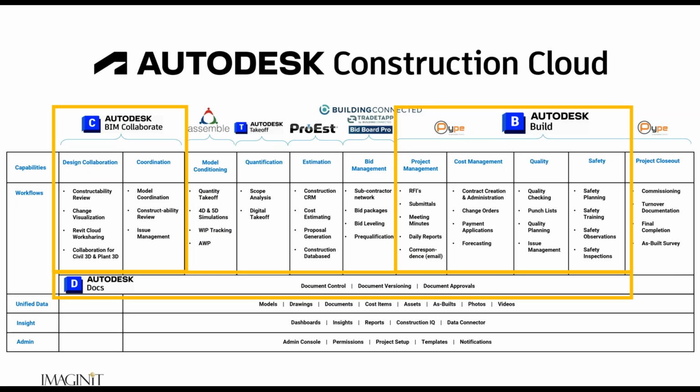My focus is really going to be on the main products, the native products of the Autodesk Construction Cloud, and less on some of the ancillary or more tactically focused products. So the focus here is going to be on BIM Collaborate and BIM Collaborate Pro, Autodesk Build, and Autodesk Docs, and any big general platform or account admin updates.